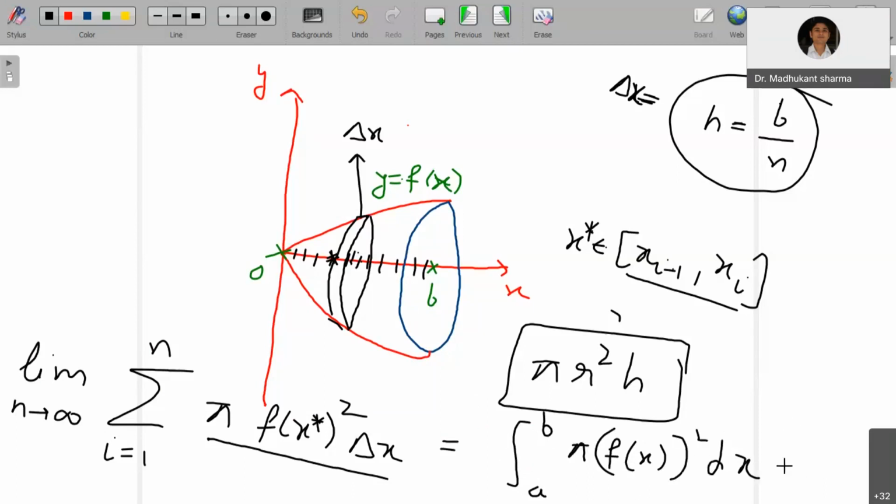That will give you the volume of the solid of revolution. Right now this is 0 to b, but this 0 can be shifted to anywhere, so it's fine, a to b.